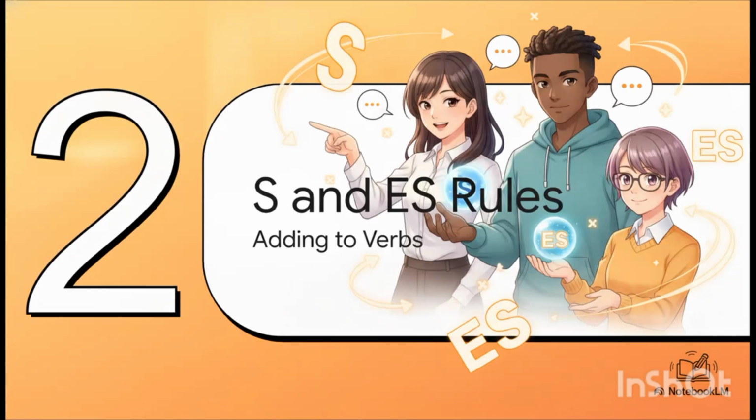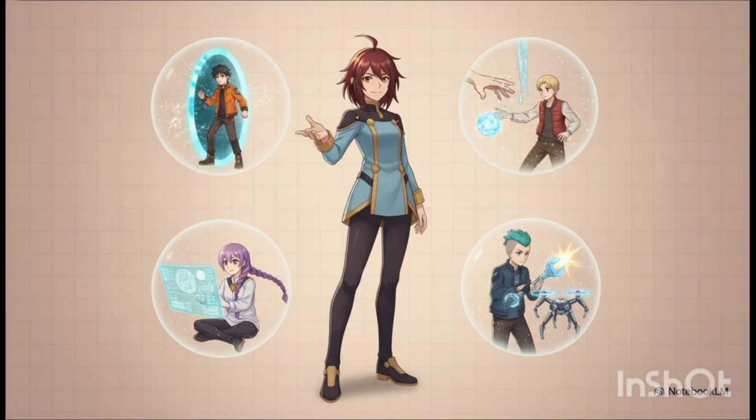So now that we know the he, she, it group needs that extra S or ES, let's transition into Section 2, the S and ES rules. I know, figuring out when to add just an S versus an ES understandably confuses a lot of learners, but it's actually super predictable.